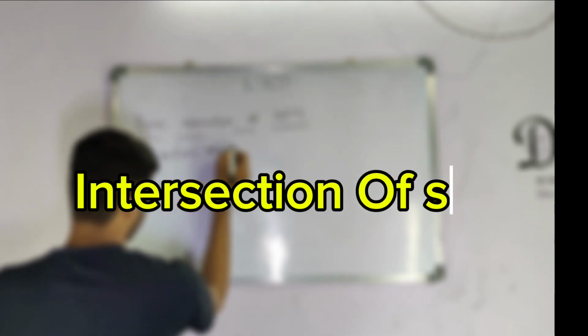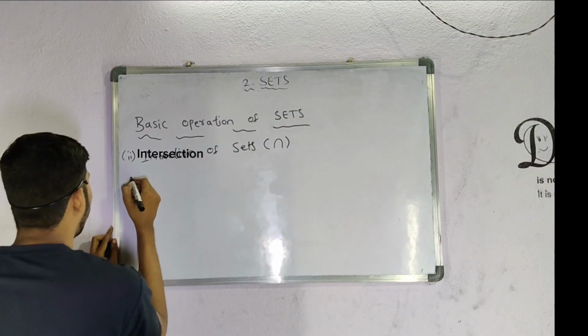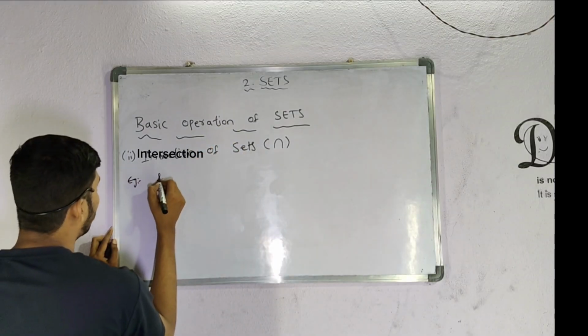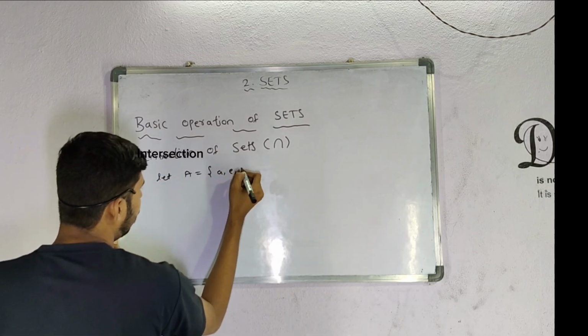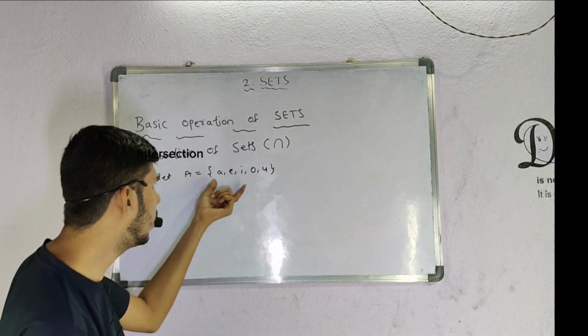Okay, next topic, the number 2 topic is intersection. Intersection of sets is represented by this symbol. For example, let A equal A, E, I, O, U, the English vowels.